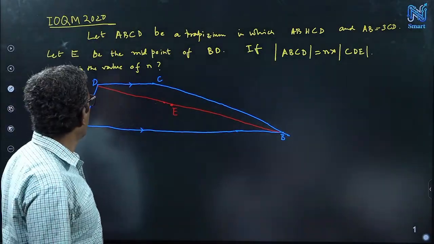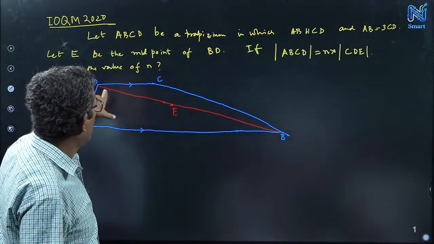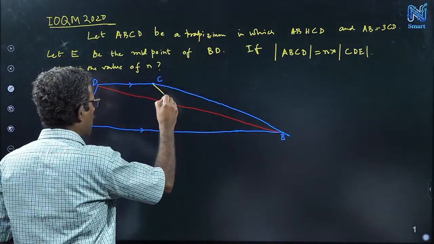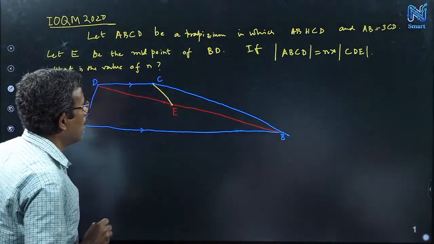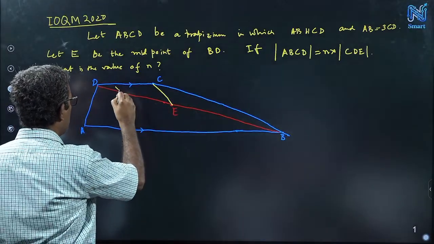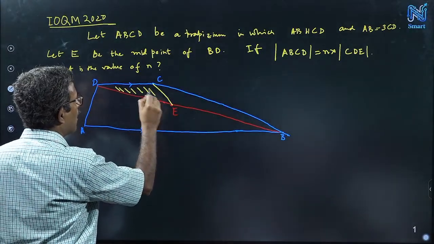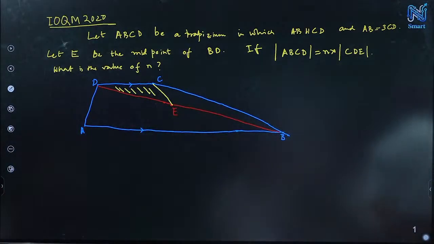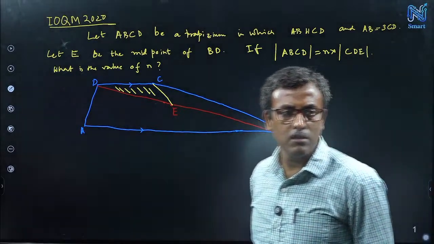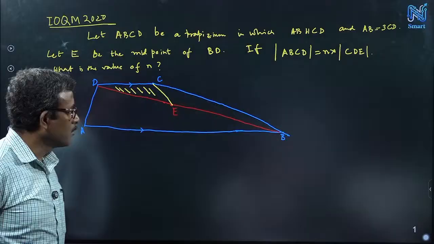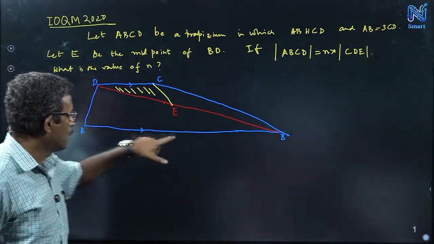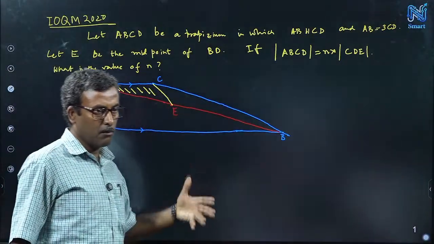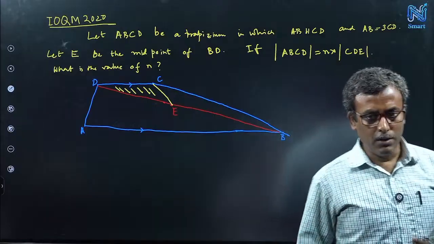This is the triangle CDE, and n times the area of this triangle is the area of the trapezium. So, how do you find this? The area of the whole trapezium is n times this smaller one, so n must be a number bigger than 1. How do you find this area?